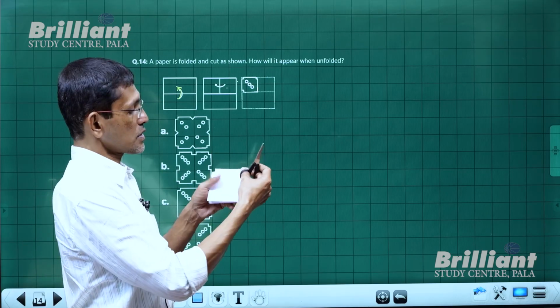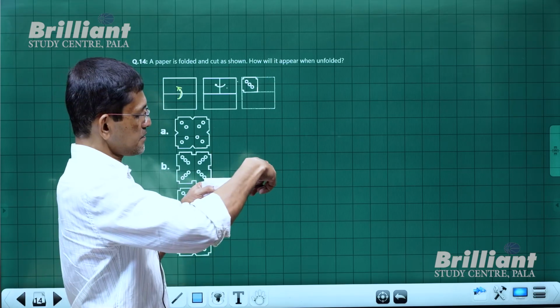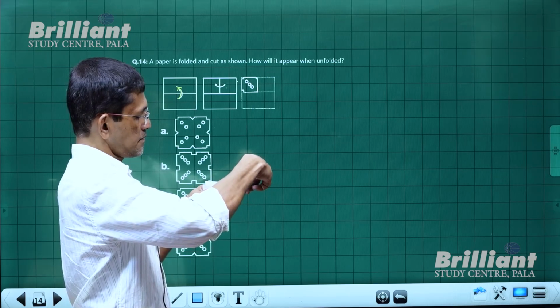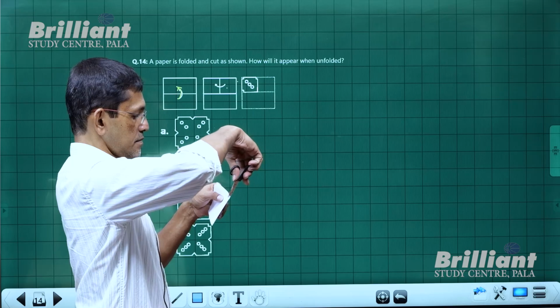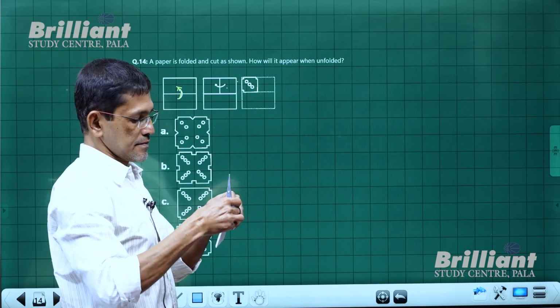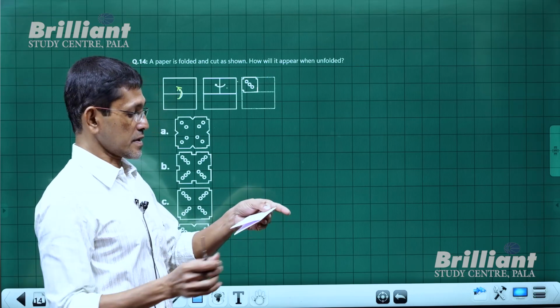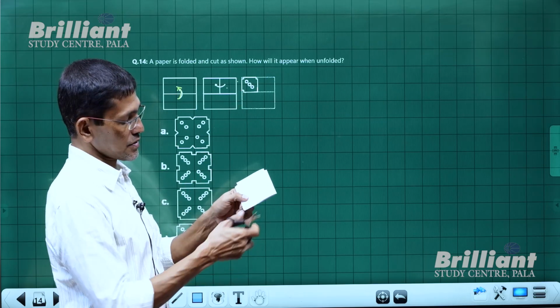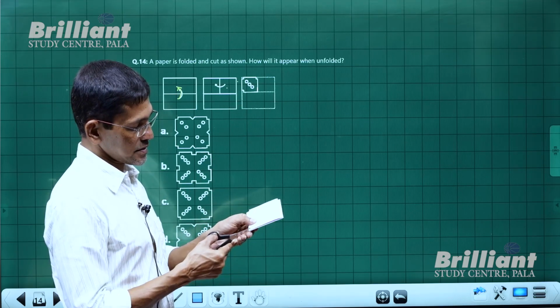And next corner, this corner is cut as well. See, this corner is cut. Now we have this corner. This is cut.